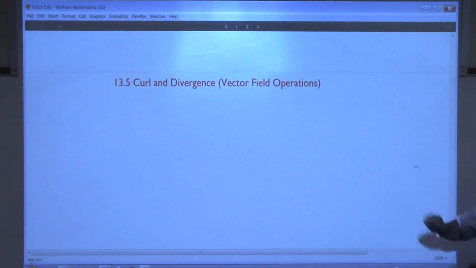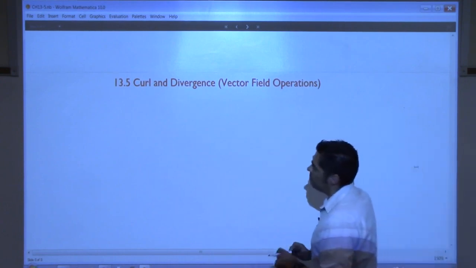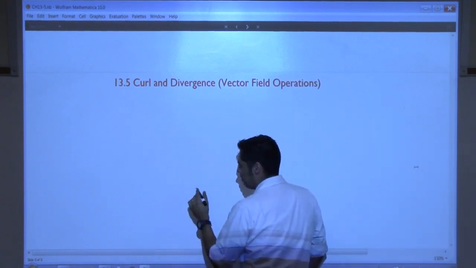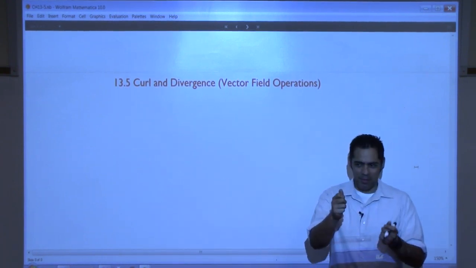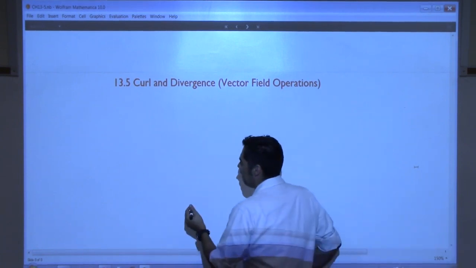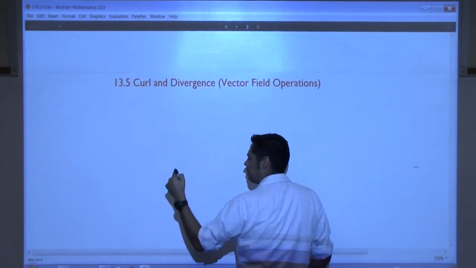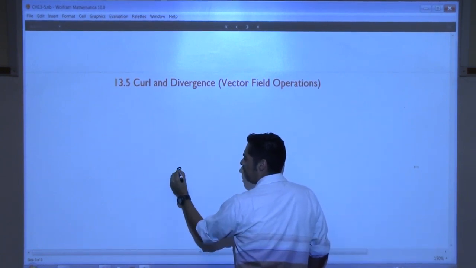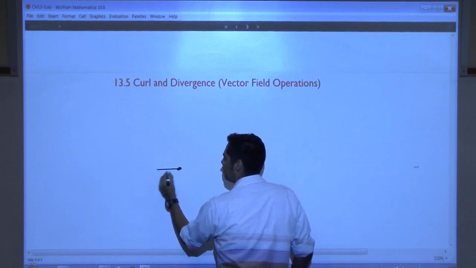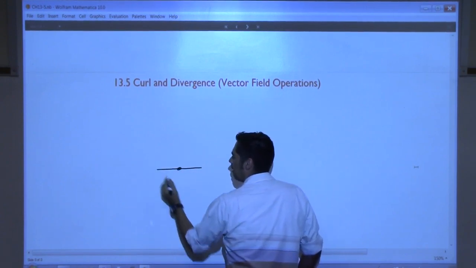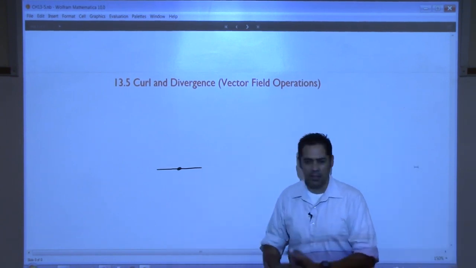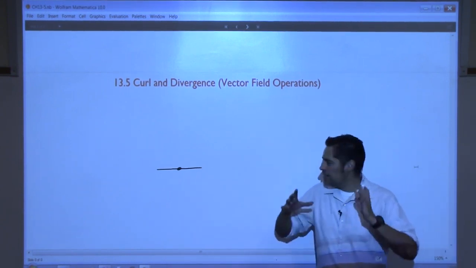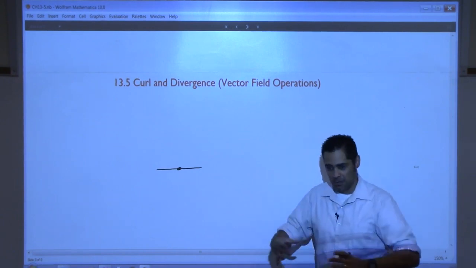So before I talk about these two things called curl and divergence, I wanted to just look at something visually. I was going to try and bring in an example to show you, a hands-on thing. But let's just imagine that we're looking from the top down, and we have this pivot point, and we have this piece of wood, all right, like this? And let's not look at gravity or anything. Let's just say there's no gravity. In fact, we're looking at it from the top, so gravity wouldn't matter.